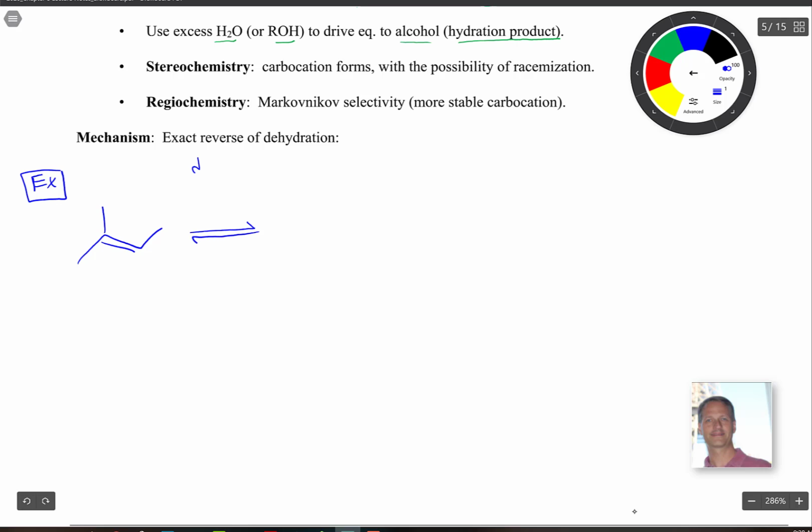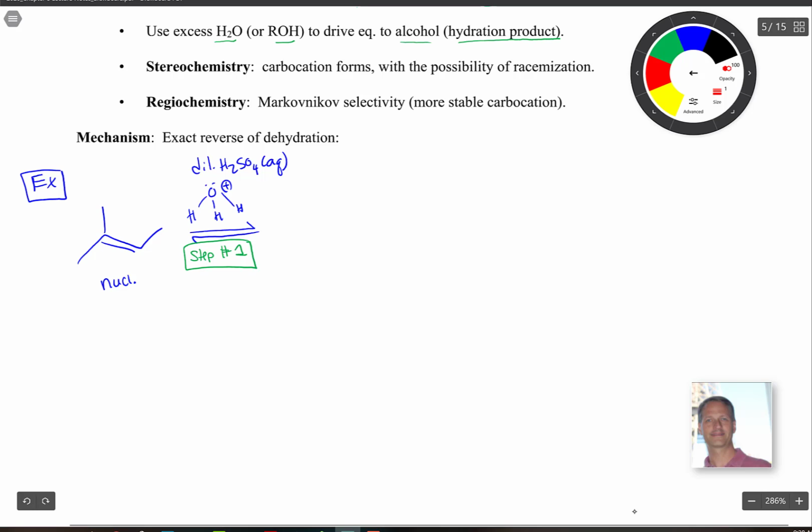So we're using dilute H2SO4, and dilute H2SO4, it's dilute with water, right? So it's aqueous. So we have H3O plus present. And this is step number 1. Now, remember, this is your nucleophile.